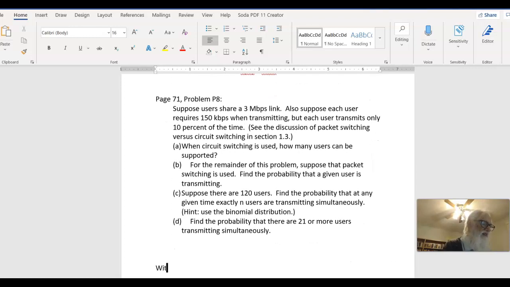So with circuit switching, each user needs a line that can send 150 K per second.